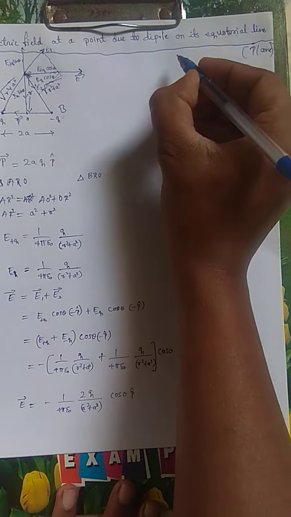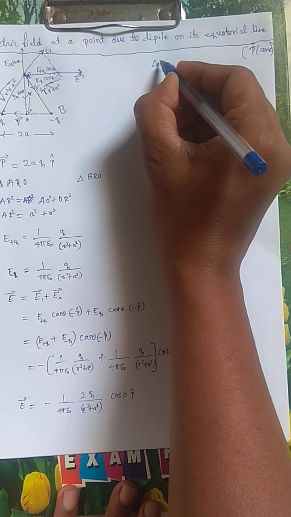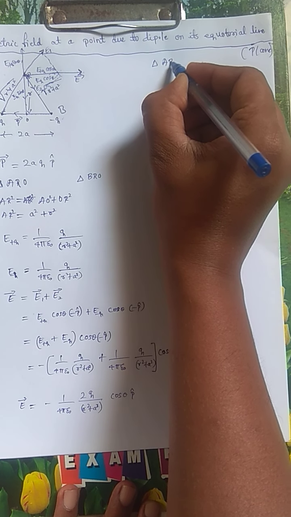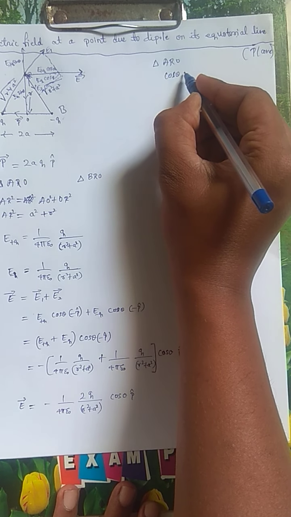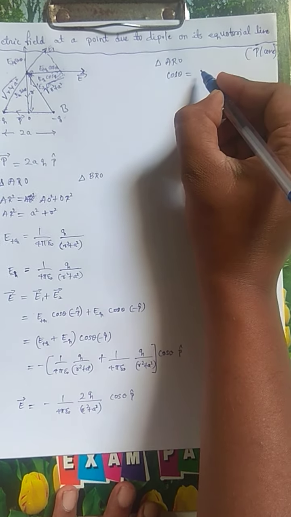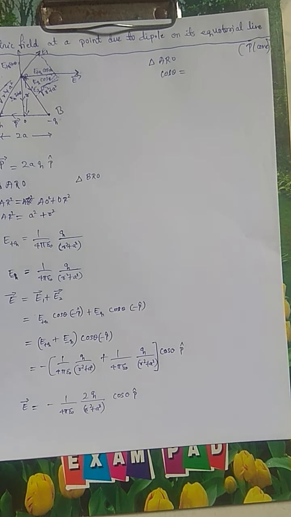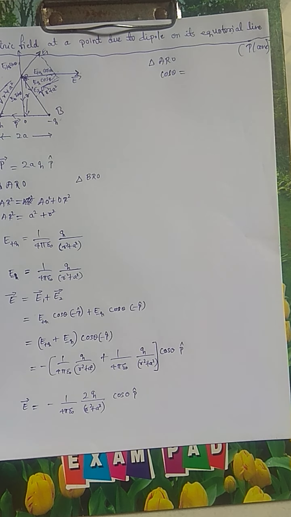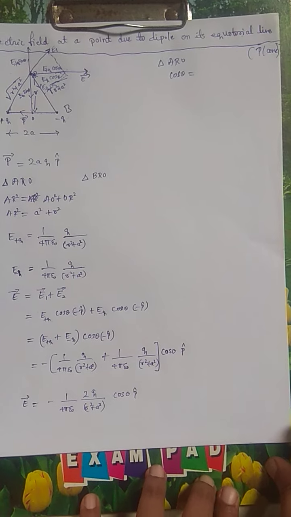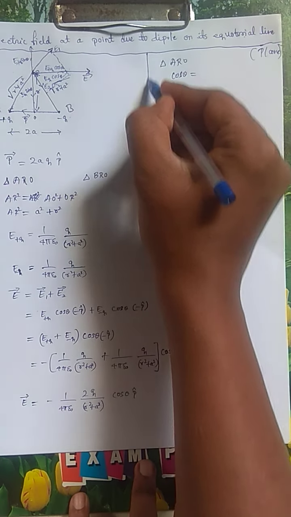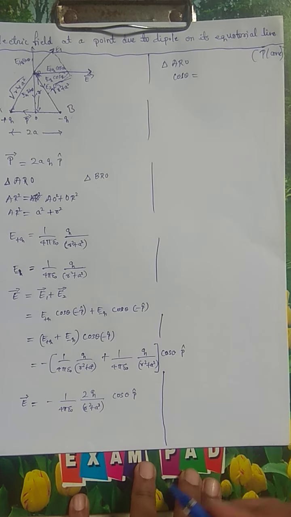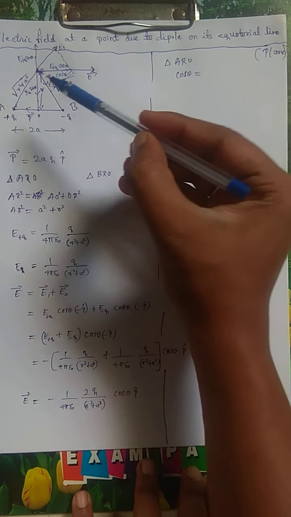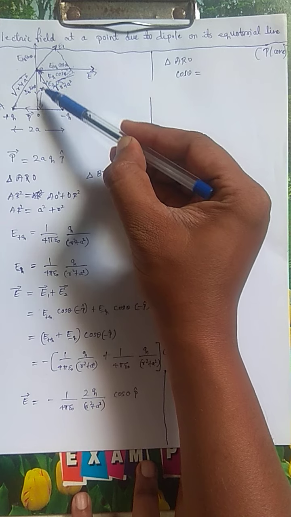Considering the triangle ARO, we may be able to write the cos theta, through the help of the trigonometry definition.